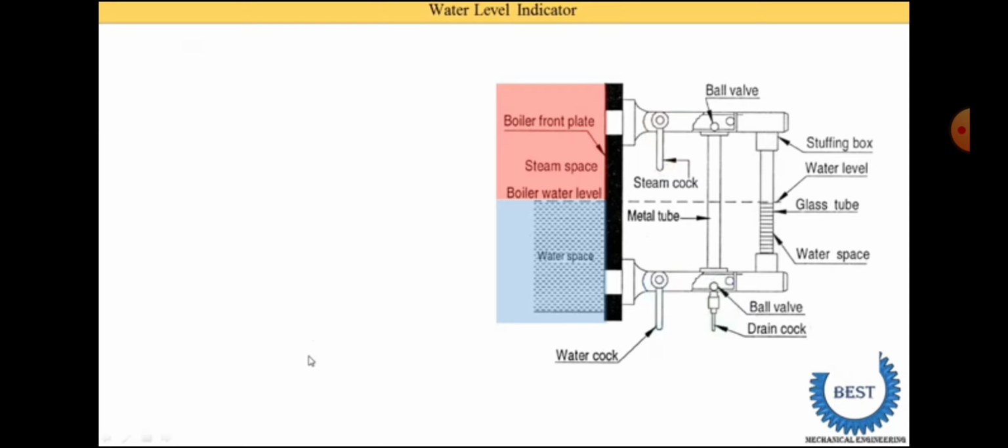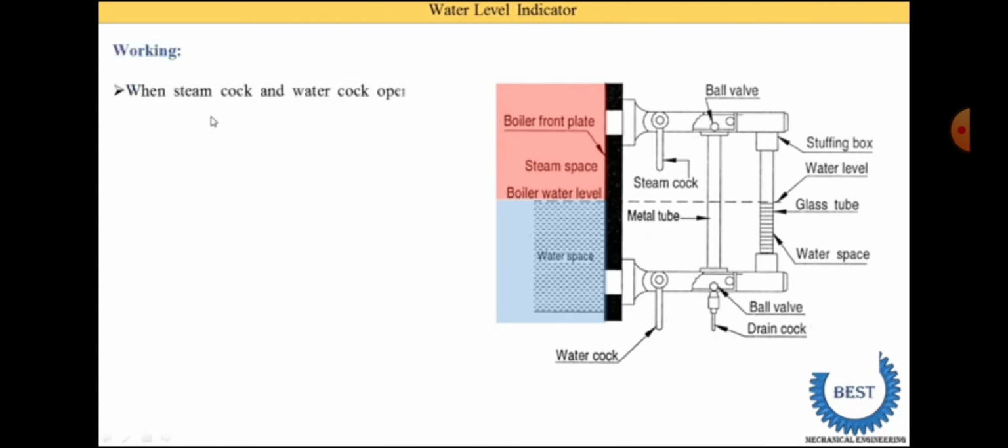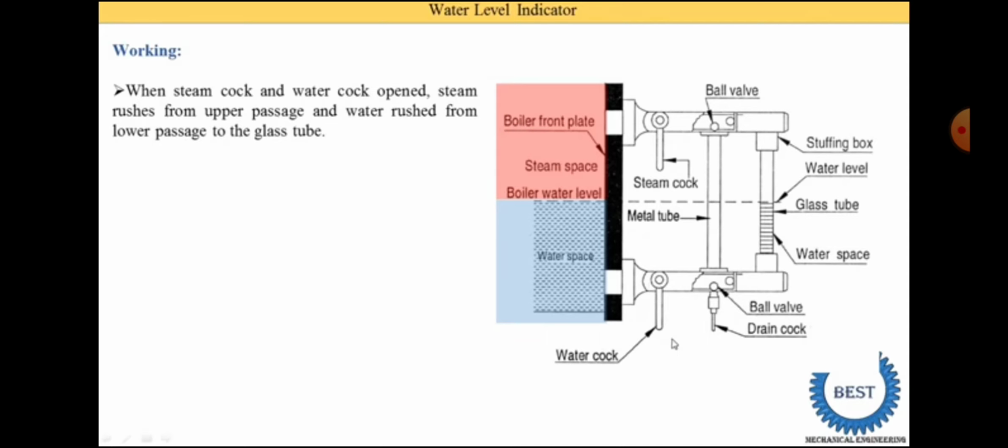Next, we understand the working of water level indicators. When the steam cock and water cock are closed, this indicates the closed position. But when we open this steam cock and water cock together, what happens?